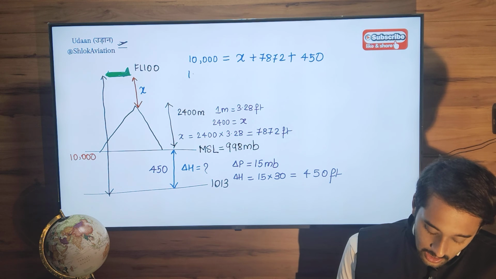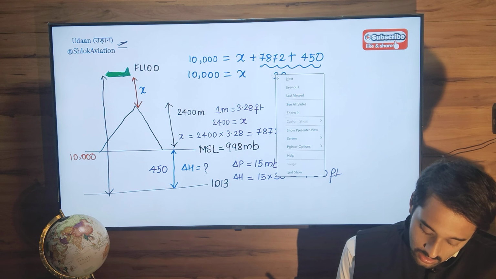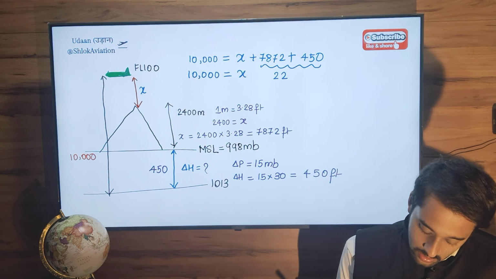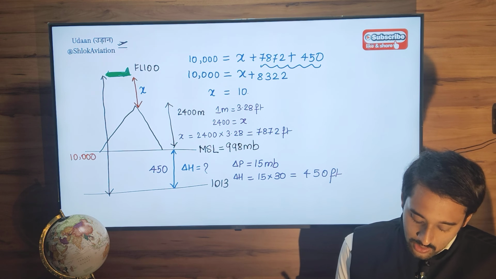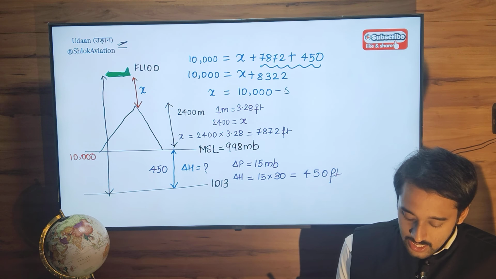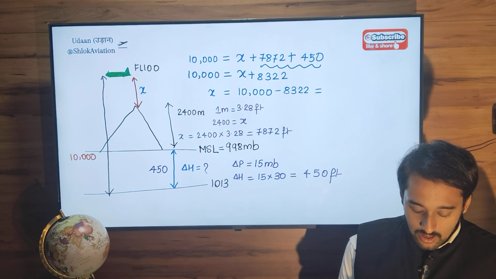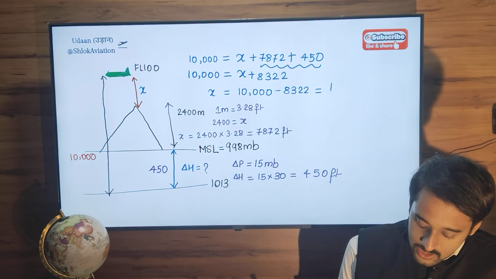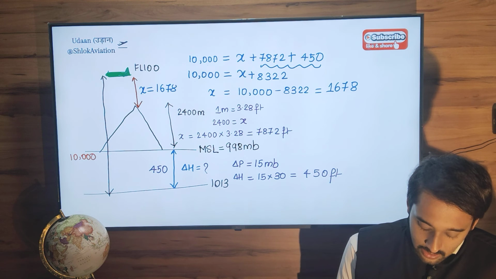Now 10,000 equals x plus 8322. So x, the terrain clearance, will be 10,000 minus 8322, which is 1678. So terrain clearance is 1678 feet.